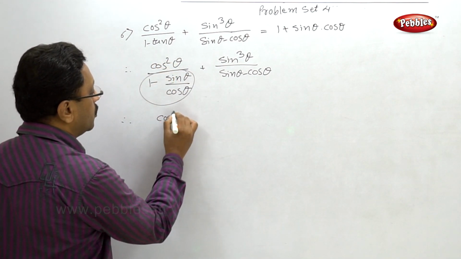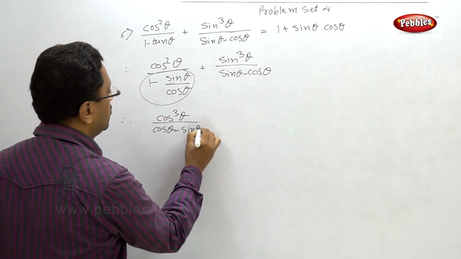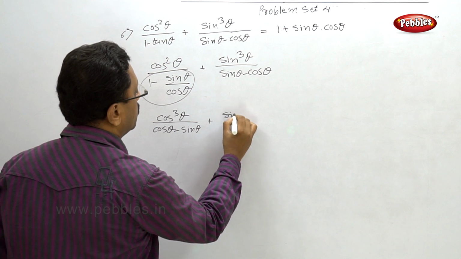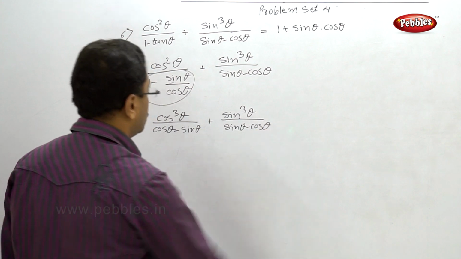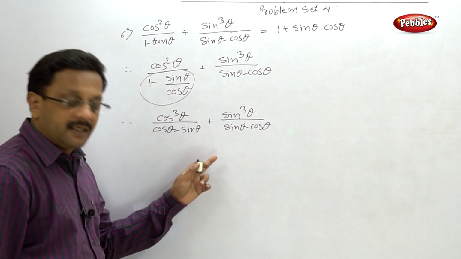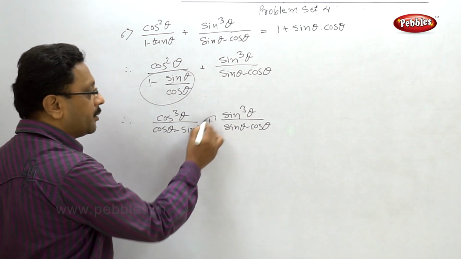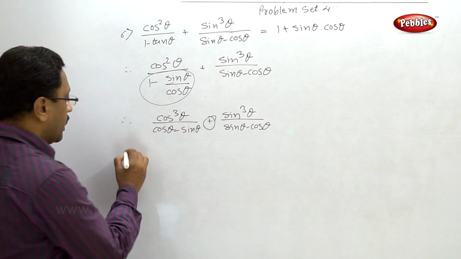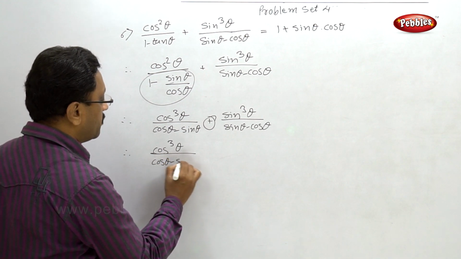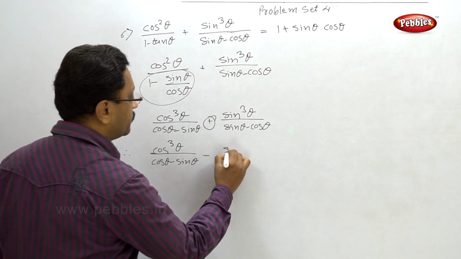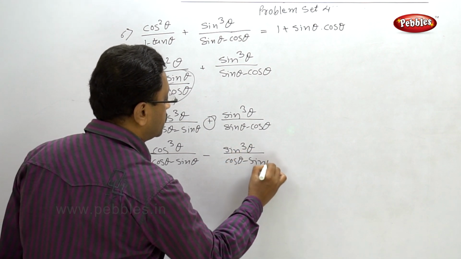So we have cos cube theta upon cos theta minus sin theta, plus sin cube theta upon sin theta minus cos theta. Here it is cos theta minus sin theta, here it is sin theta minus cos theta. So if I interchange the terms, what will happen? This sign will change. Correct? And I will have cos cube theta upon cos theta minus sin theta minus sin cube theta upon cos theta minus sin theta.